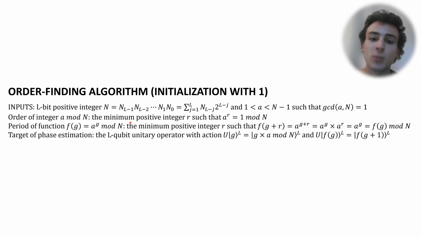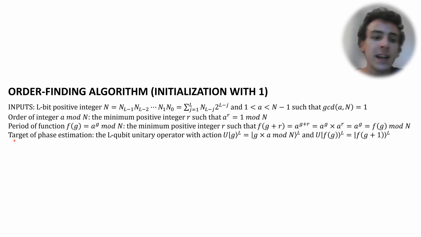It is the smallest one. So we're going to be raising that integer a to the power of r, and we want to get 1 mod n. So in modular arithmetic, a to the r has to be equal to 1. And 1 is the multiplicative identity. So that is the definition of this term, which we are calling the order.